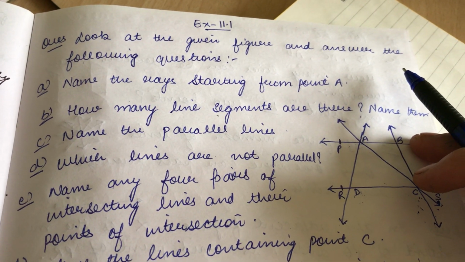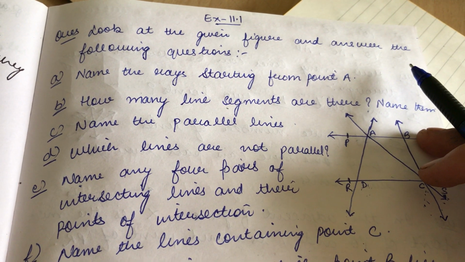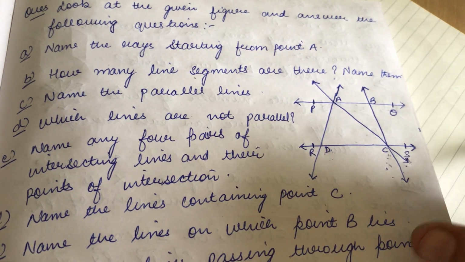Next, D part, name any four pairs of intersecting lines and their point of intersection.